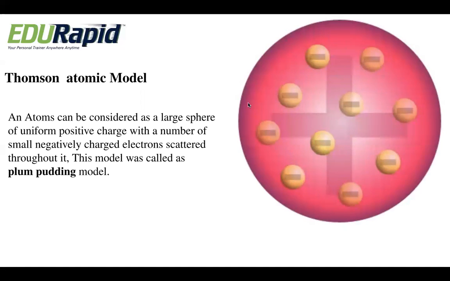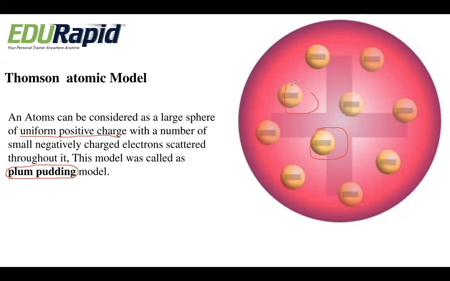This model was called the plum pudding model. So you can see the diagram, right? What Thomson said is that the atom is considered like a very large sphere with uniform distribution of positive charge. You can see the big plus sign, right? And small negatively charged particles are scattered over it.